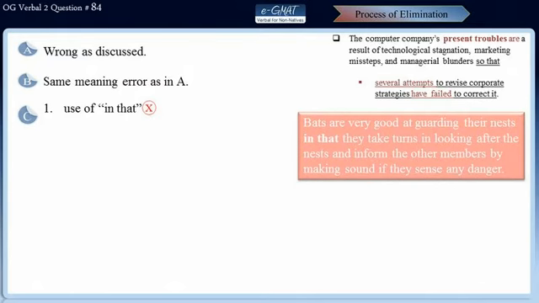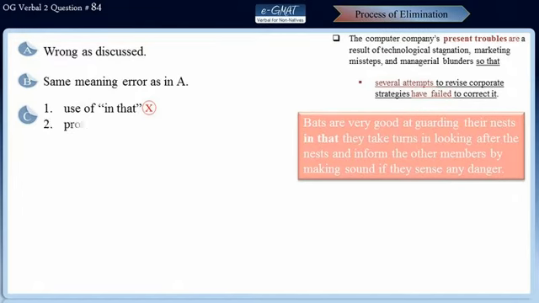And how are they very good at doing that? This answer is given by the clause that is followed by "in that." But in this choice, the second clause is not describing how the three issues actually lead to troubles for the computer company. And that's where the error is.